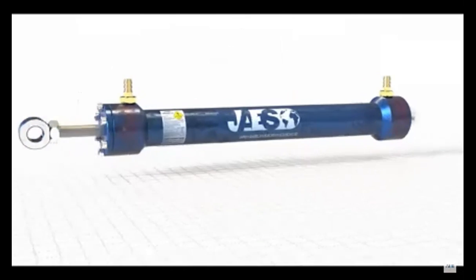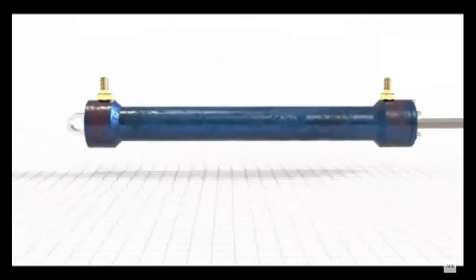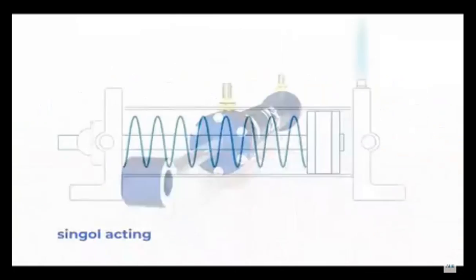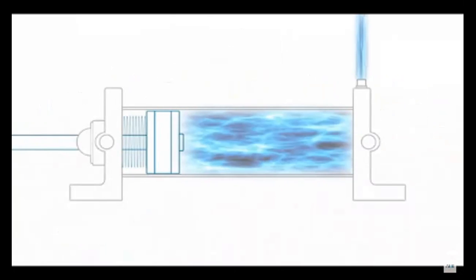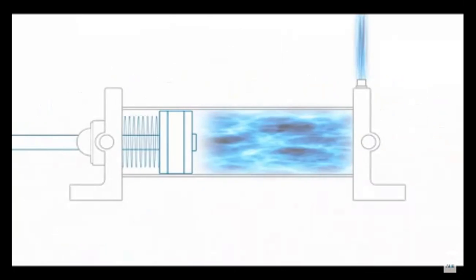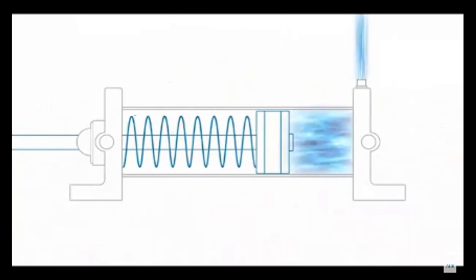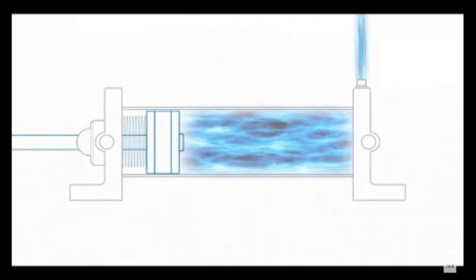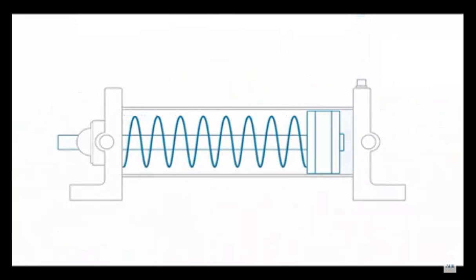Before starting, it is essential to specify that there are differences between the single-acting cylinder and the double-acting one. The single-acting cylinder can work in one direction only, and the fluid or gas, which is supplied by a pump or compressor, enters from one end only and pushes the stem out. To guarantee that it returns to its original position, the single-acting piston is pushed back by a spring integrated into the system.